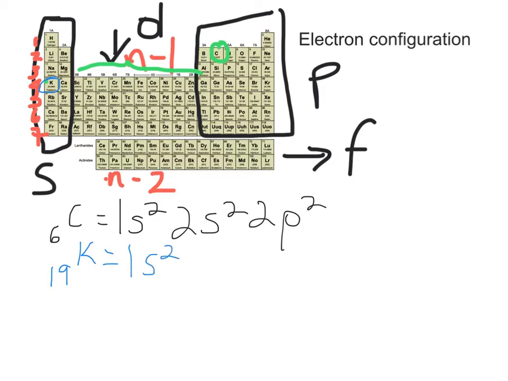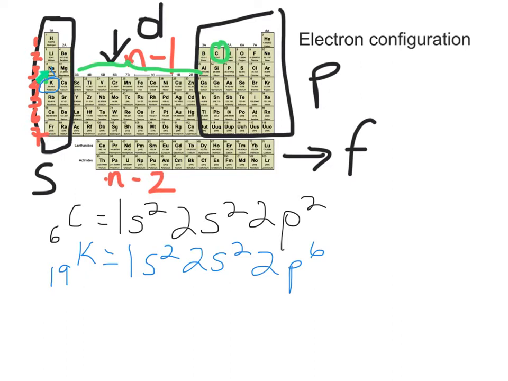Let's move to the second row: 2s2. Now move. Let's move all the way until here. This is block P, 2P: 1, 2, 3, 4, 5, 6, 2P6.